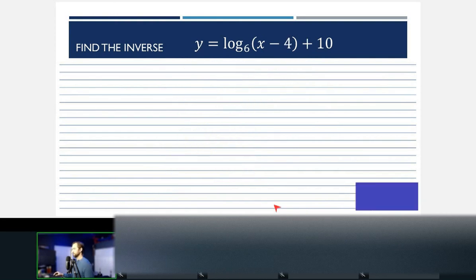All right, everyone try this one. Give me a green check when you finish this problem.